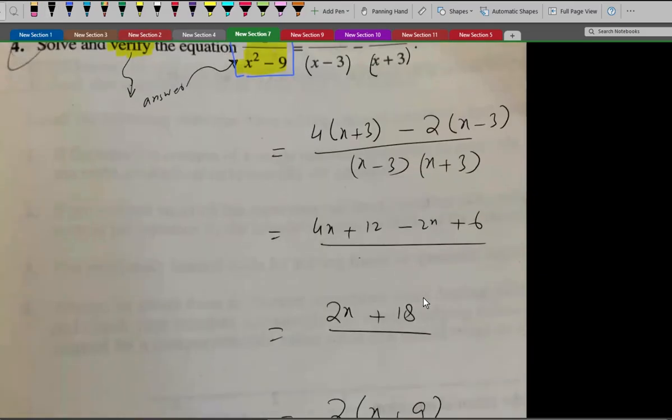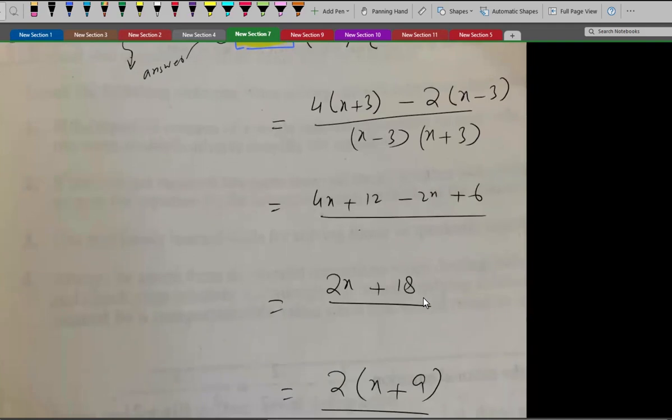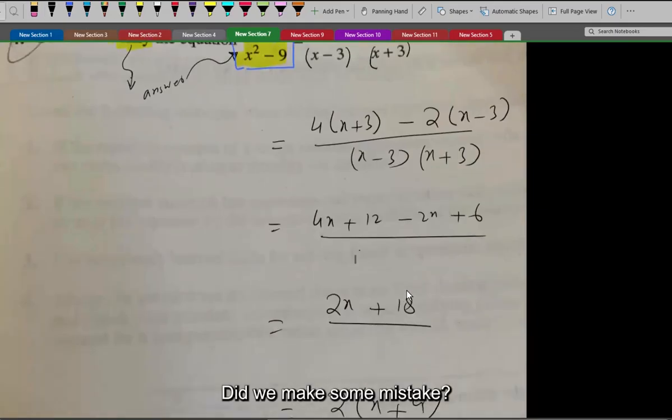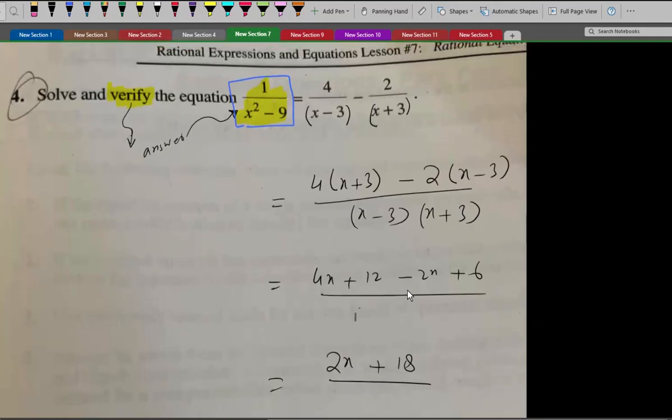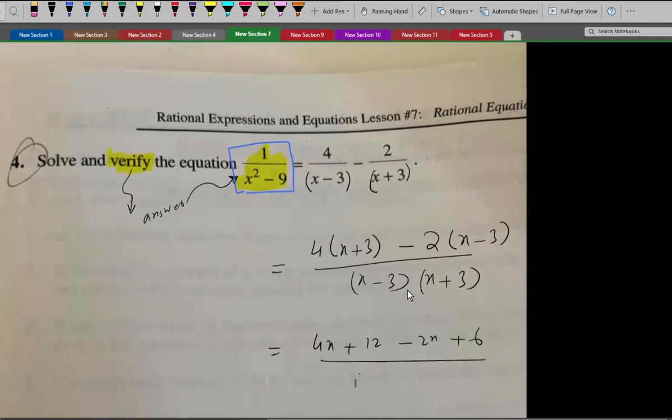Okay, 1 over x squared minus 9. Yeah. Did we make some mistake?